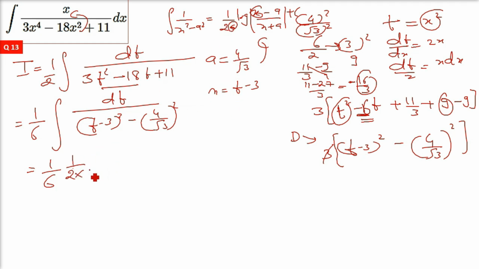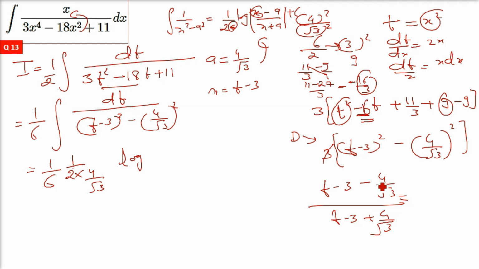A was 4 by root 3. Then log. What was x? I'm doing it here so that we can replace it directly in the answer. Let me tell you the nitty-gritties here. T minus 3 minus 4 by root 3, that is x minus a. Then x plus a, t minus 3 plus 4 by root 3. T minus 3 minus 4 by root 3, t minus 3 plus 4 by root 3.